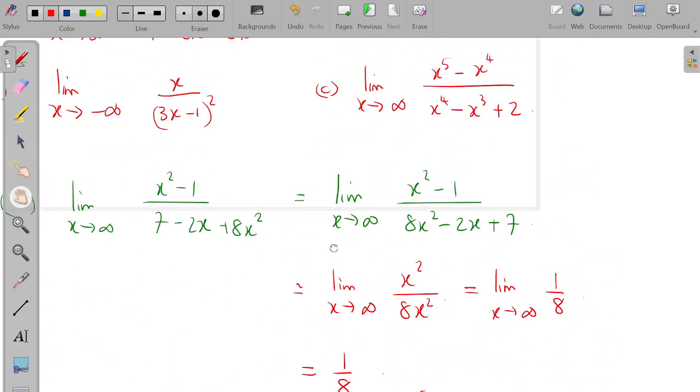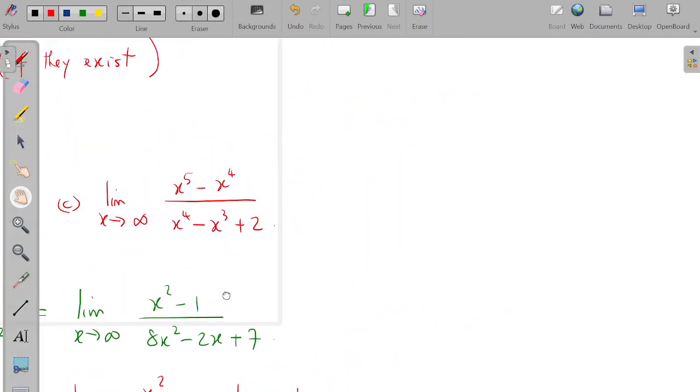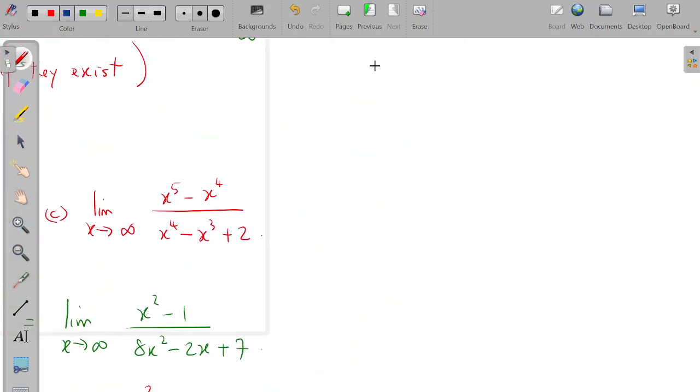Okay, the last one. We have limit as x goes to infinity of (x^5 minus x^4) all over (x^4 minus x^3 plus 2).